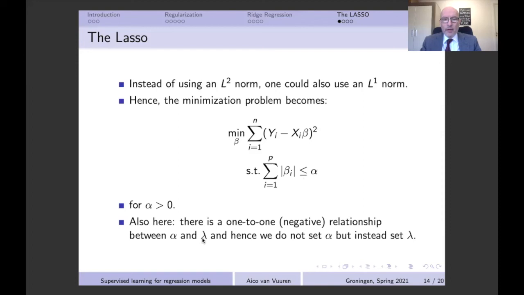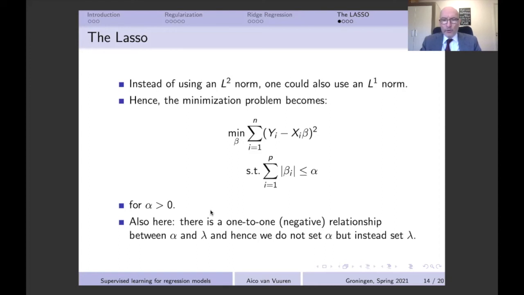And in addition to that, in Python or in R, what we actually do is set this lambda rather than that alpha. But otherwise, we can say exactly the same things as with respect to ridge regression, the things that I have already said before. What I would like to do now is make a comparison between the lasso and ridge: in which cases should you use the lasso, and in which cases should you use ridge.